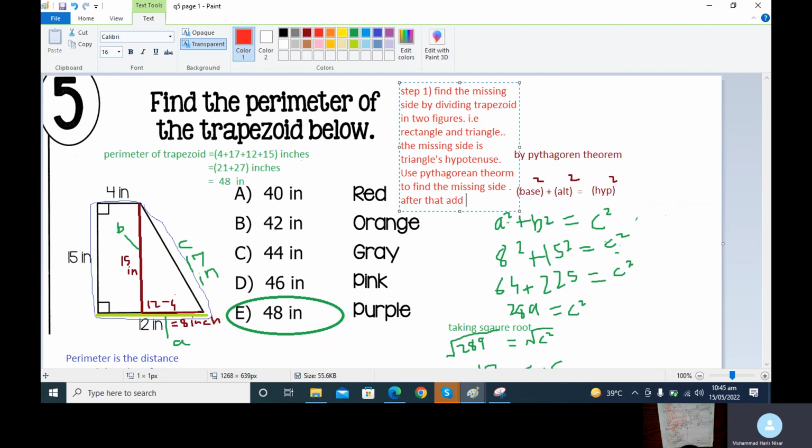Add or sum all the values of the side lengths to find the perimeter.